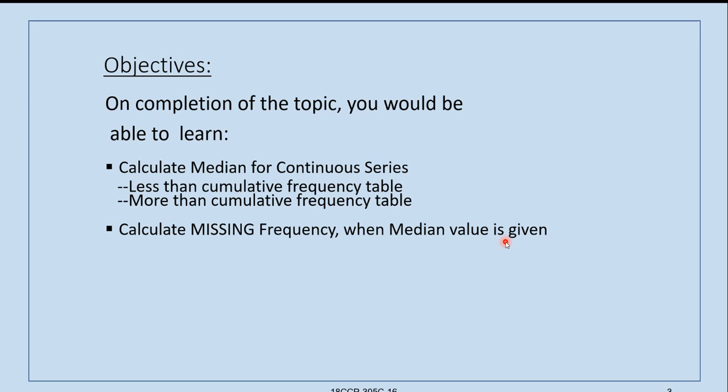So the main objectives of this lesson, a student will be able to understand after completion of this topic, are calculating median for continuous series when less than or more than cumulative frequency tables are given.